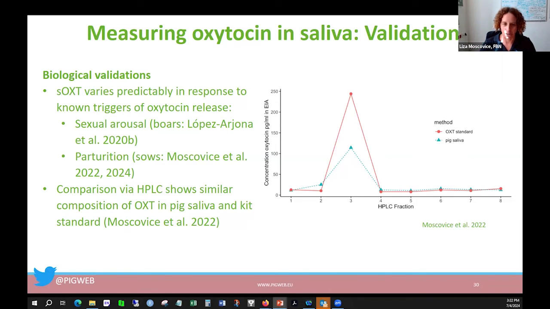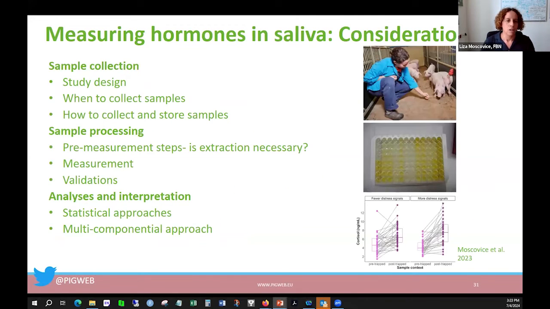So this fact that they're showing up in the same fraction of the HPLC suggests that they're the same thing or have the same composition. That's a good validation, but we need more biological validations of oxytocin and other peptide hormones in saliva.